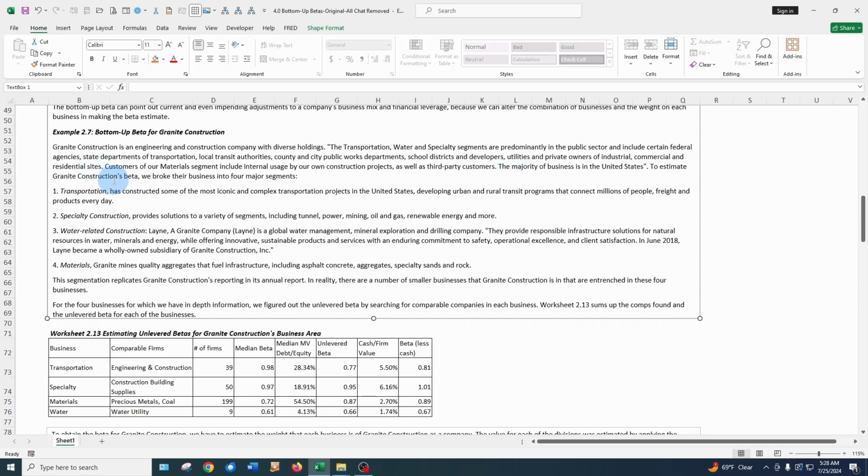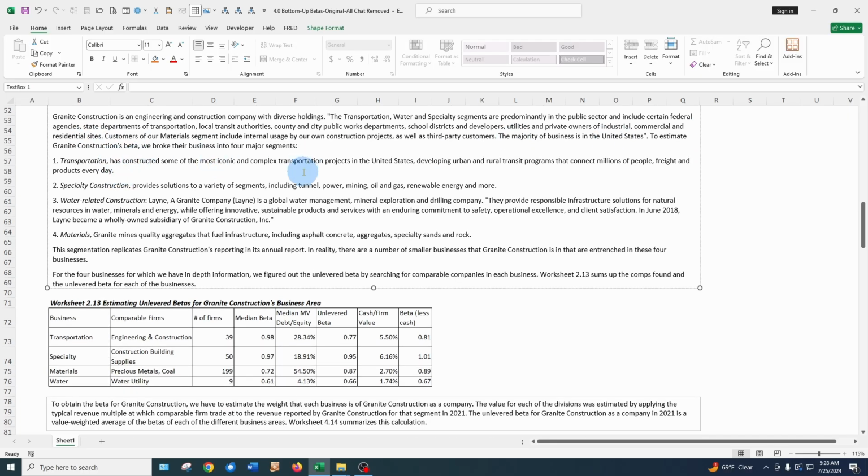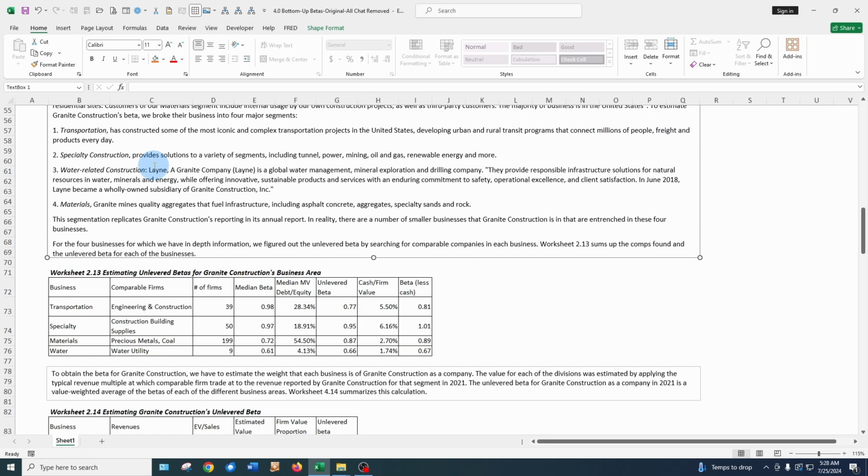To estimate Granite Construction's beta, we broke their businesses into 4 major segments. We have transportation, which has constructed some of the most iconic and complex transportation projects in the United States, developing urban and rural transit programs that connect millions of people, freight, and products every day. Specialty construction provides solutions to a variety of segments, including tunnel, power, mining, oil and gas, renewable energy, and more.